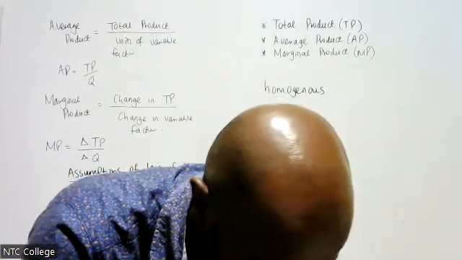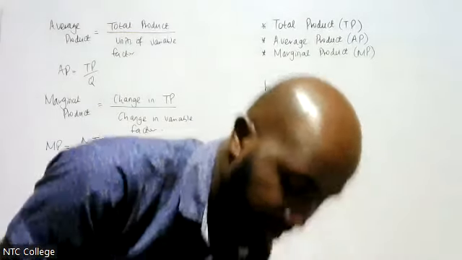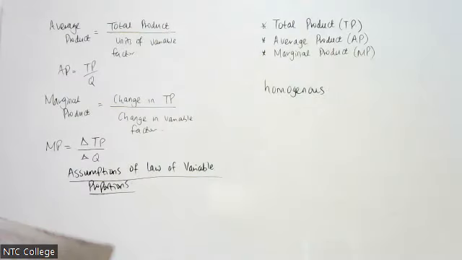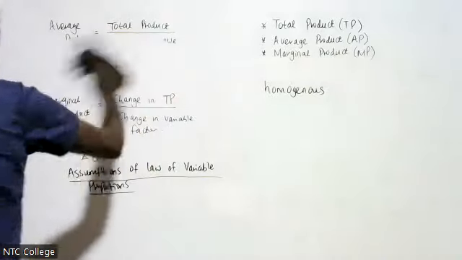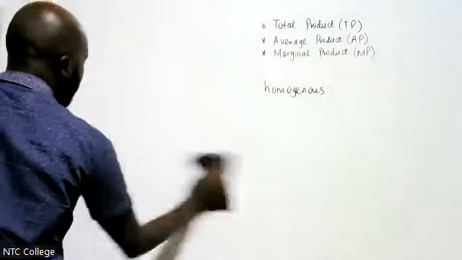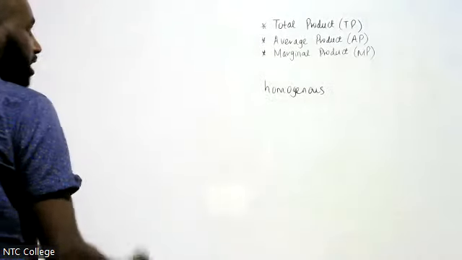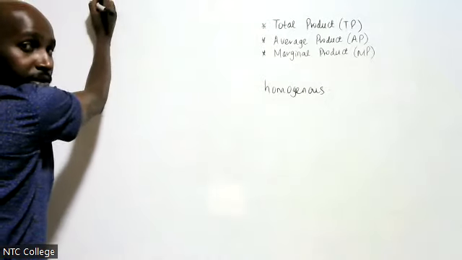I want us to produce a table very quickly, and then using this table we'll come up with three curves. How do the three curves relate to each other when we are talking about production in the short run? Remember, this is in the short run.